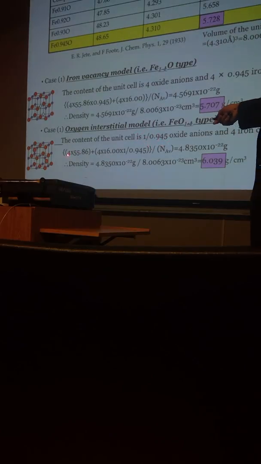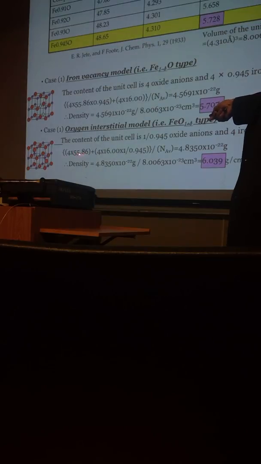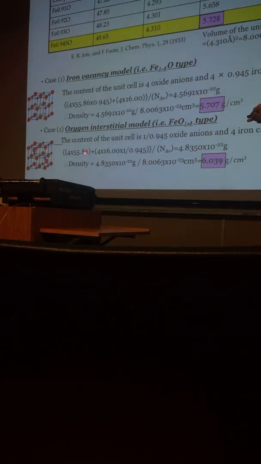So iron is 4, oxygen is slightly in excess, and then we similarly multiply the atomic weight for the iron and for the oxygen, and then divide by the Avogadro number, and further divide by the cell volume.